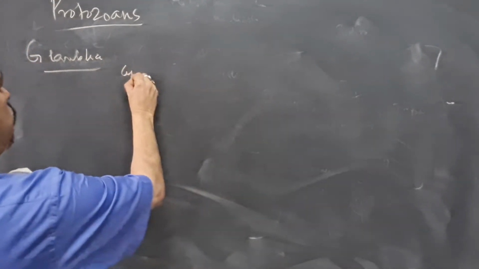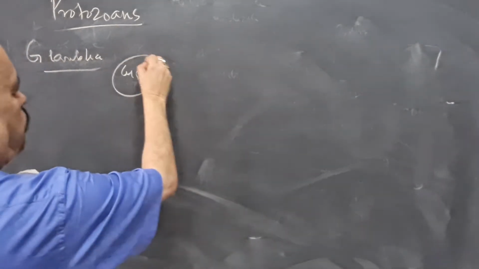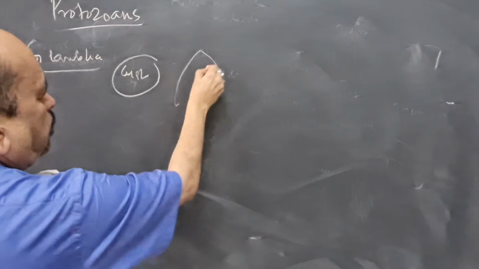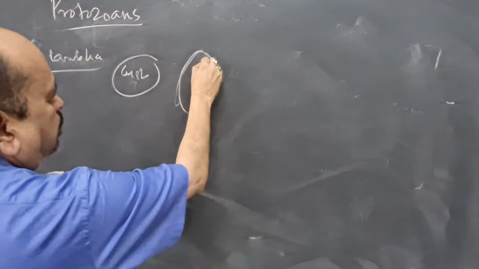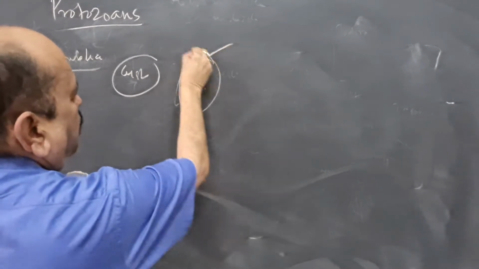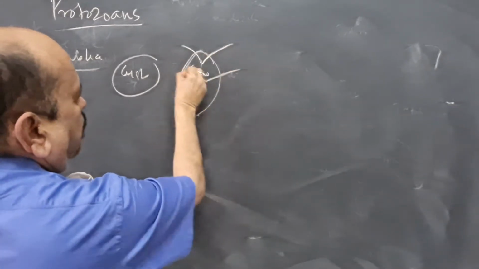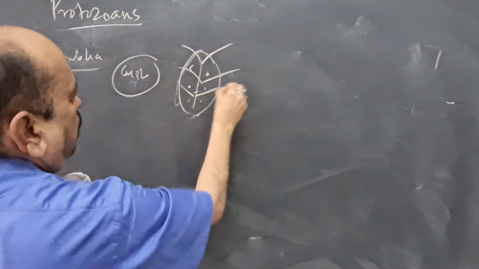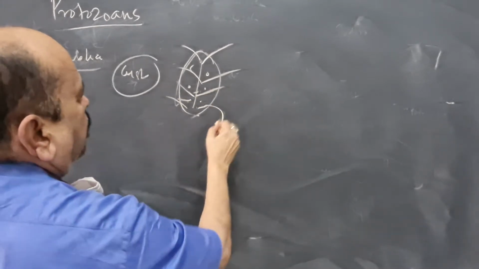It also occurs in the form of cyst and badminton-shaped trophozoite.